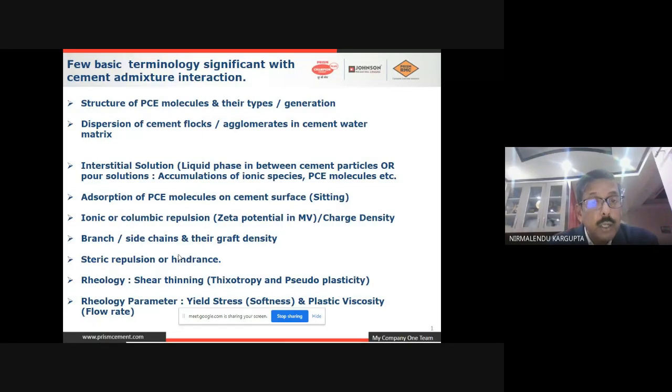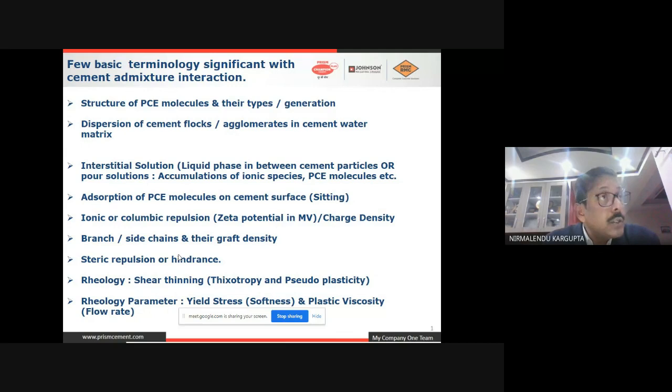Adsorption of molecules on cement particles. And when the polymer molecules are adsorbed on the cement particles, they will provide Coulombic repulsion. It may also provide steric hindrance repulsion. We will discuss all of it, then it can be understood very clearly.